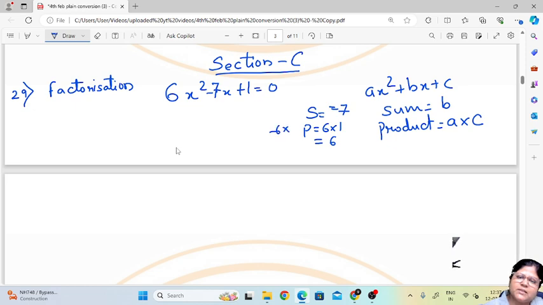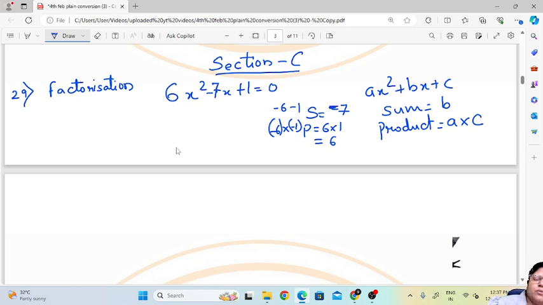If I take minus 6 into minus 1, minus into minus is plus, 6 ones are 6, so plus 6. Then if you take minus 6 and minus 1, same case, negative 6 and negative 1 will give you negative 7.